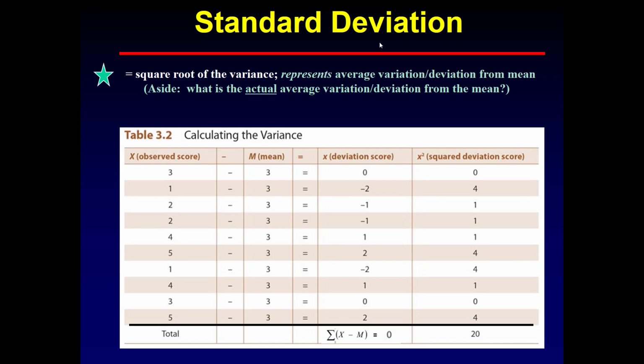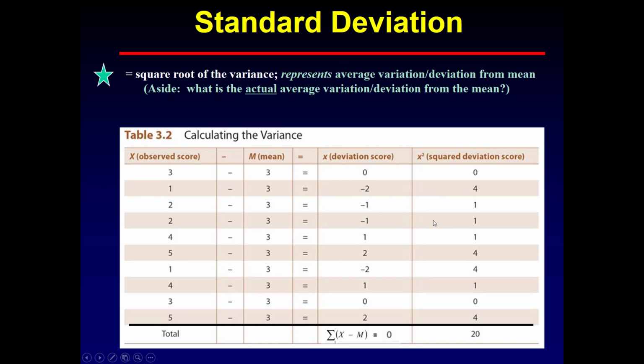Well, when we take an average, you recall, you want to sum things up and divide by the number of scores. But just like before, we saw the problem that the sum of the deviations is always going to be 0. So what you have to do to get a standard deviation is just like we did with the variance.